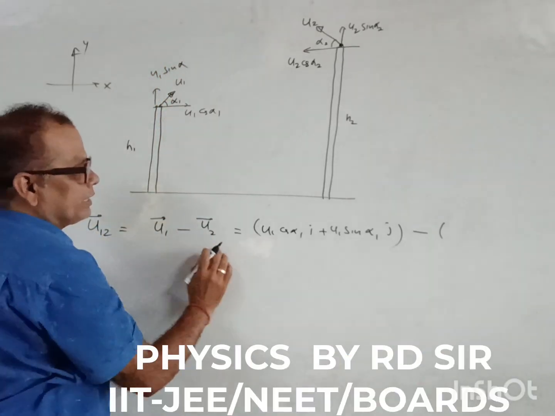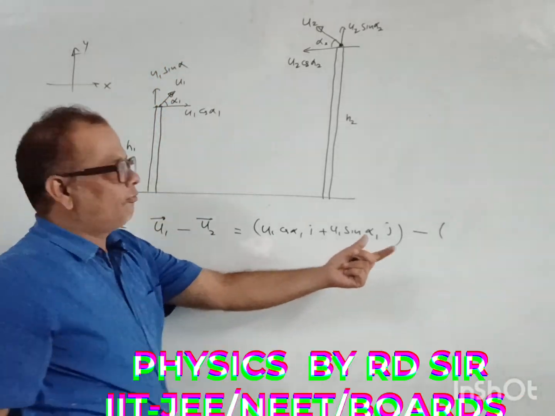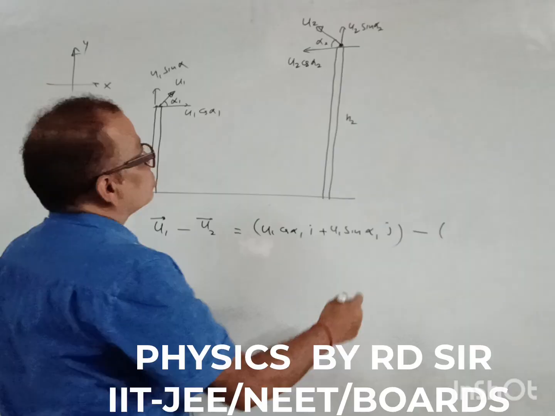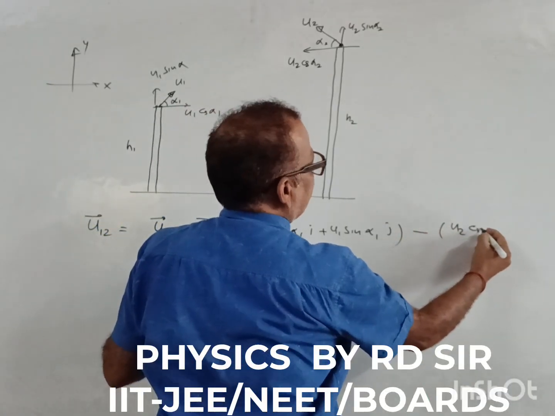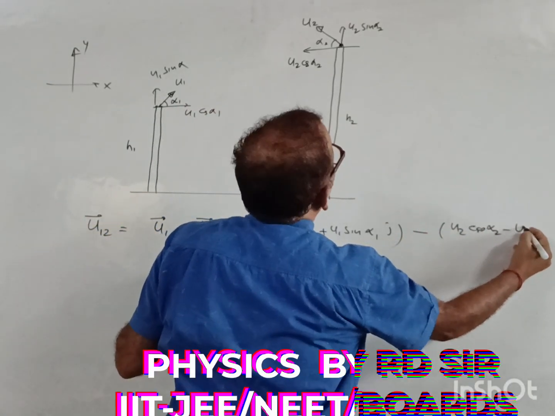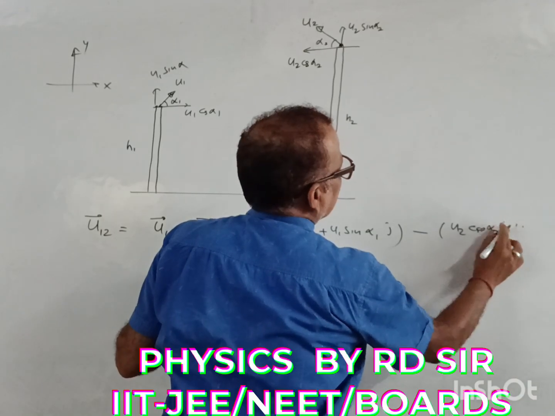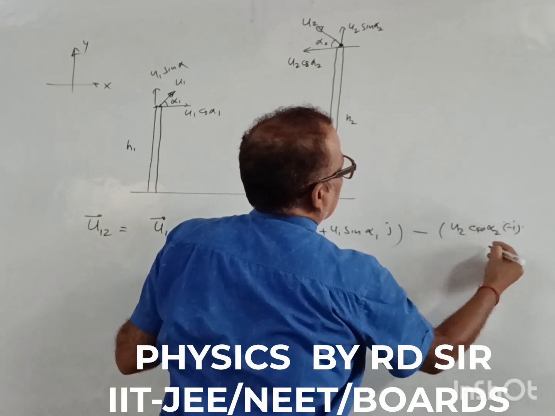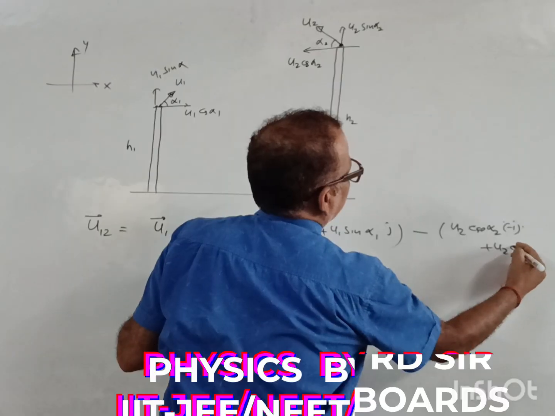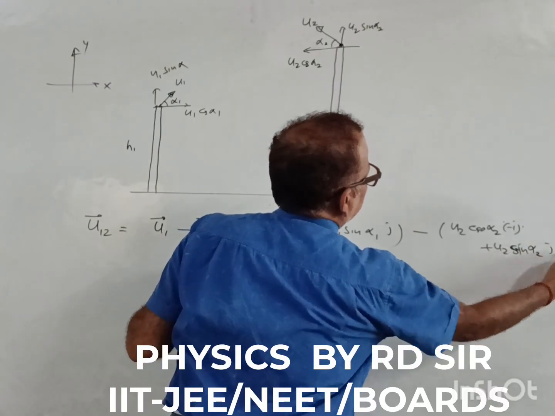We already wrote u1 here and now we are going to write u2. So u2 will be minus u2 cos alpha 2 i cap plus u2 sin alpha 2 j cap.